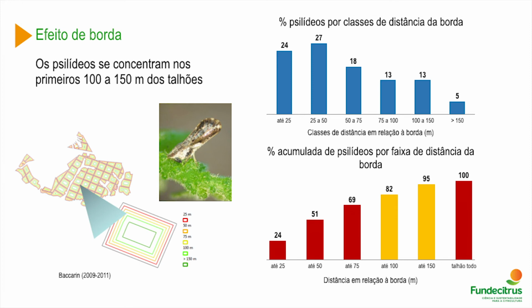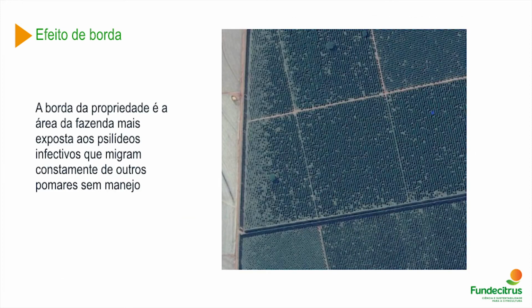From 25 to 50 meters, 27% of psyllids. And when you would go more towards the inner area of the plot, you would find fewer psyllids. Therefore, you will have this chart with 100 and 150 meters, you will find 80 to 95% of psyllids in the plots.